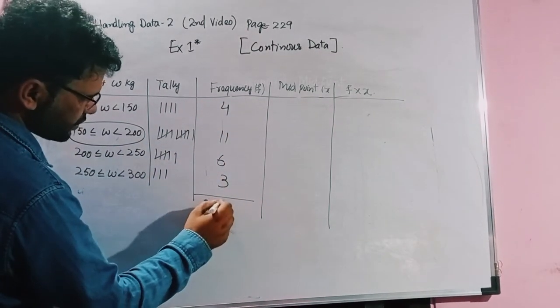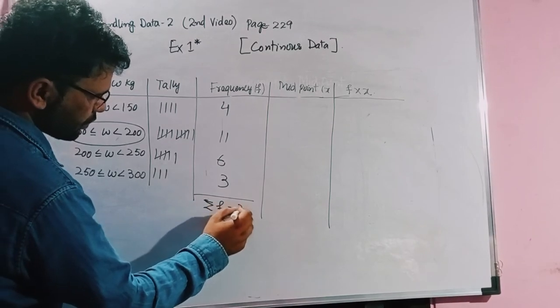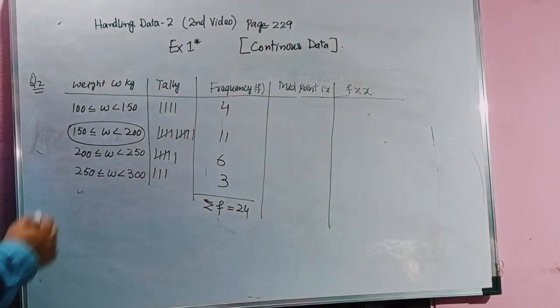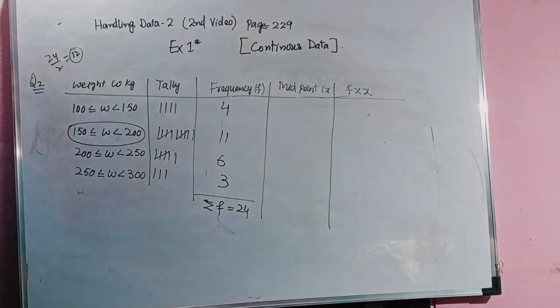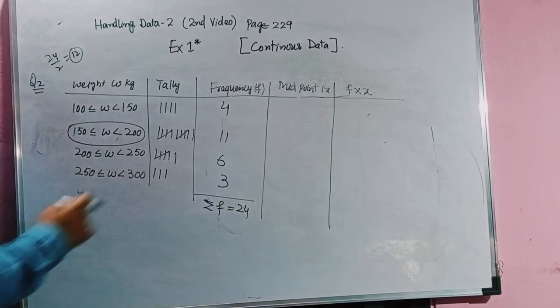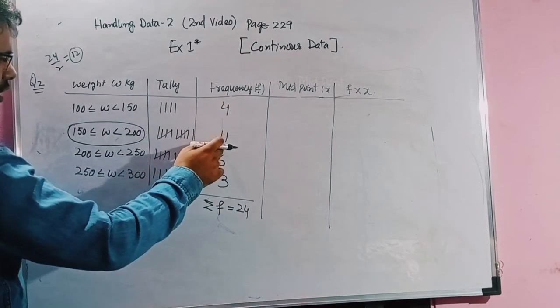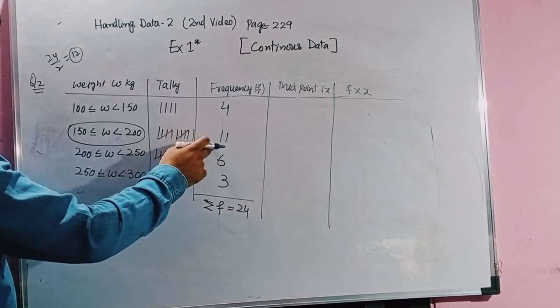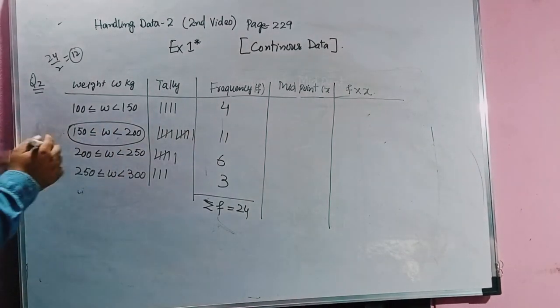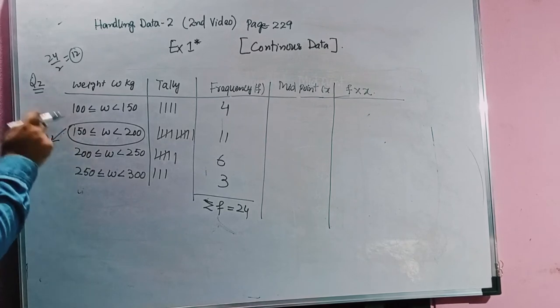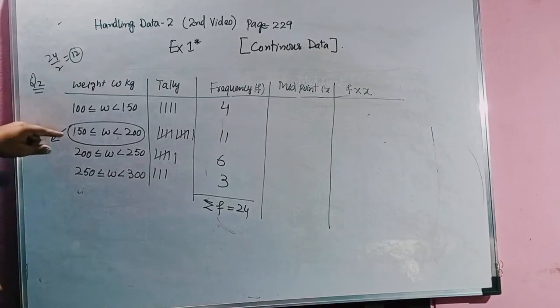So sigma f is 24. 24 divided by 2 is 12. You can see the 12th and 13th terms, where they lie, that is the median. 4 plus 11, so the 12th term lies in this class, and the 13th term also lies in this class. So the median class and the modal class are the same.